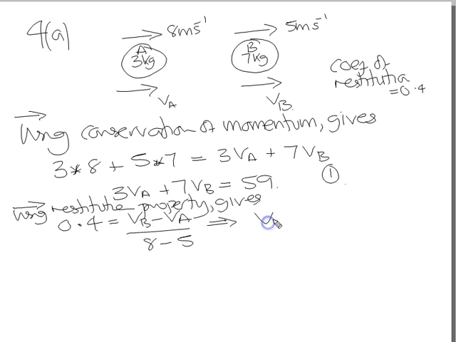So that tells us that VB minus VA, moving the 3 up, is 3 times 0.4, which is 1.2. So that's equation 2.